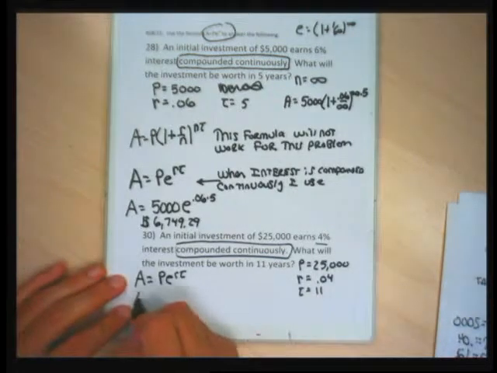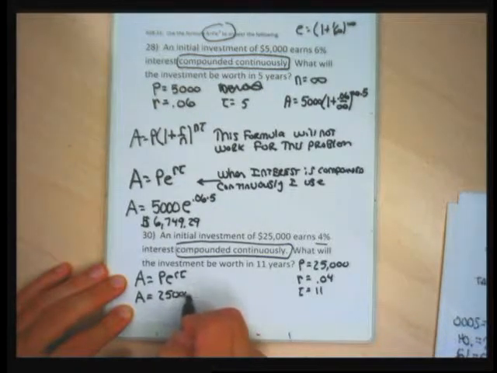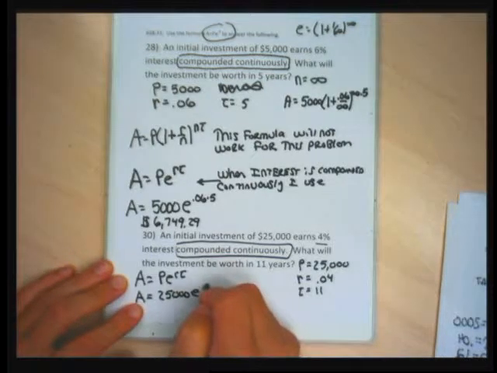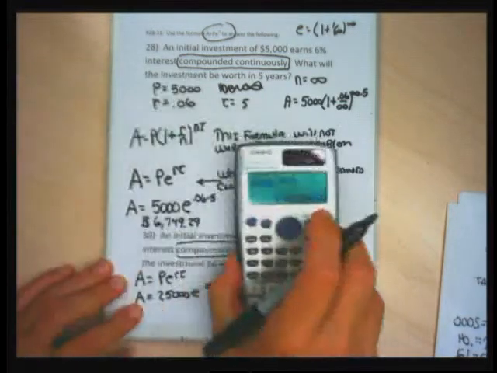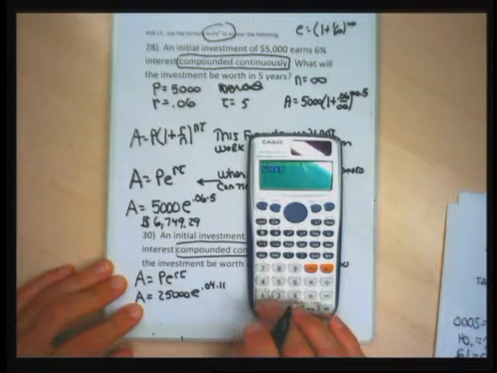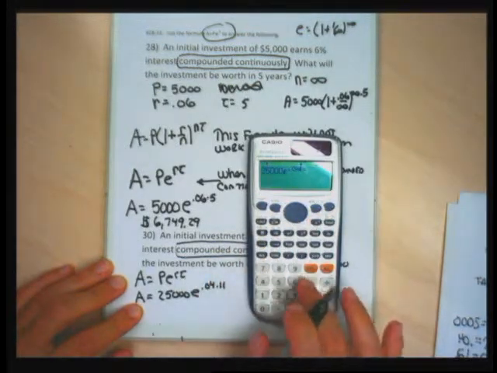So the amount of money I'm going to have in 11 years can be computed by changing the P in the formula to 25,000, leaving the E alone, changing the R to 0.04 and the T to 11. So I'm going to go 25,000 shift E 0.04 times 11.